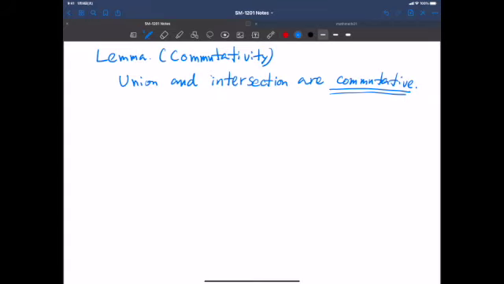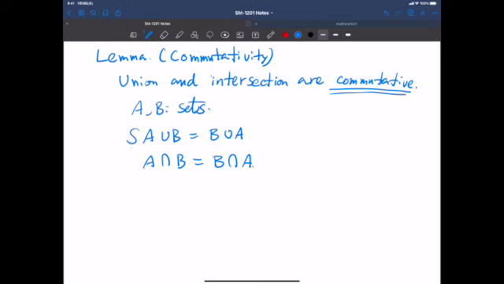It means if A and B are sets, then A cup B is equal to B cup A, and similarly, A cap B is equal to B cap A. When you apply the operation of union or intersection, you don't have to care about the order of the sets.